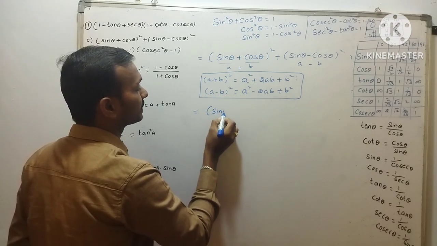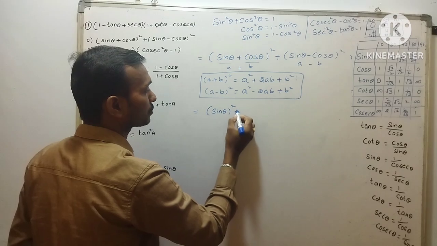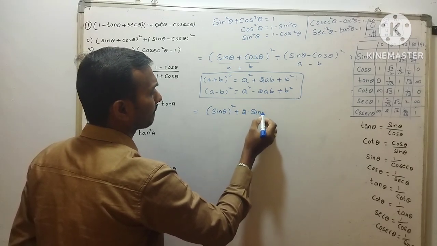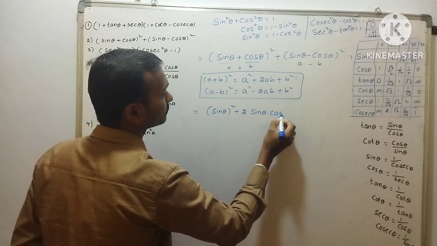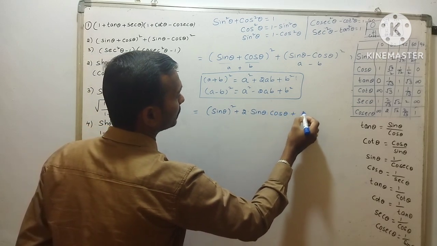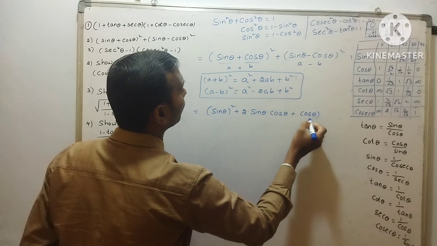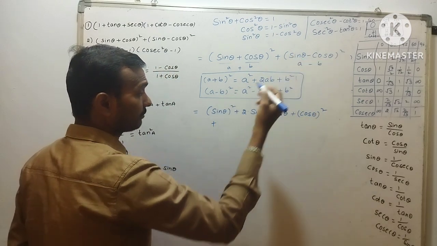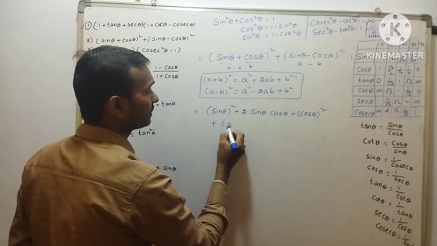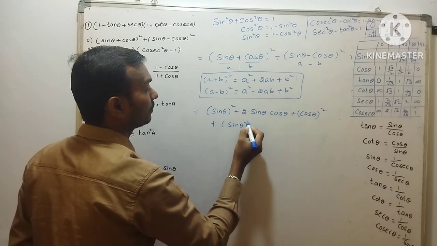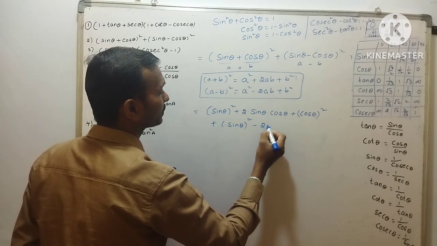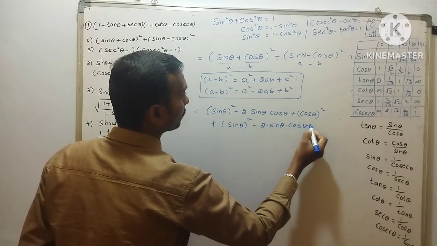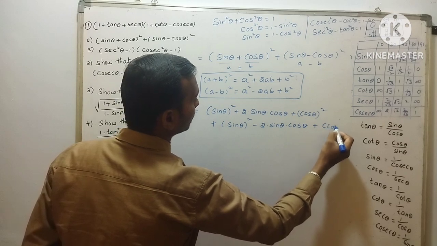So now first a square, that is sin square theta, 2ab, 2 into a value sin, b value cos, plus cos theta whole square, plus second one sin theta whole square minus 2ab, 2 into sin into cos, last again cos theta whole square.